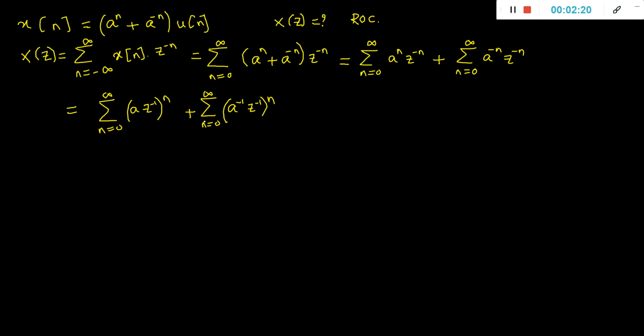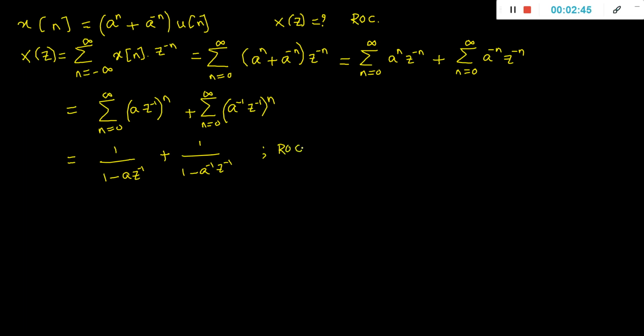So we know the infinite sum formula. We are going to write this as 1 divided by 1 minus this entire term a into z raised to minus 1, plus the second term is 1 divided by 1 minus a inverse z inverse, and we try to identify the ROC.